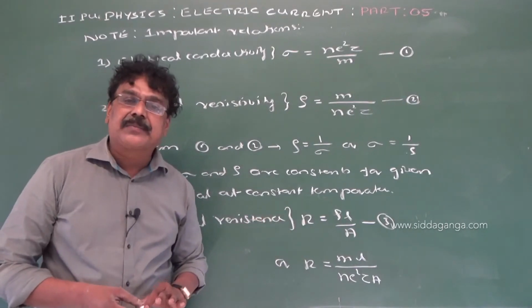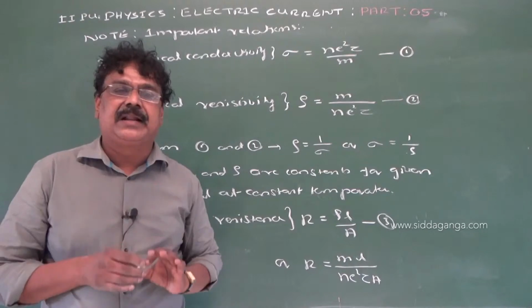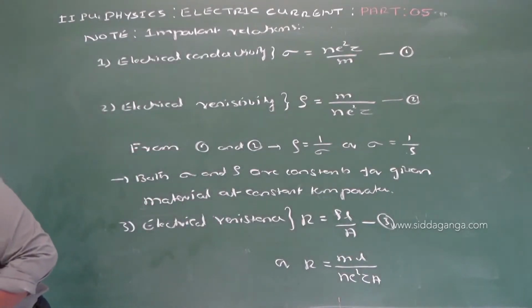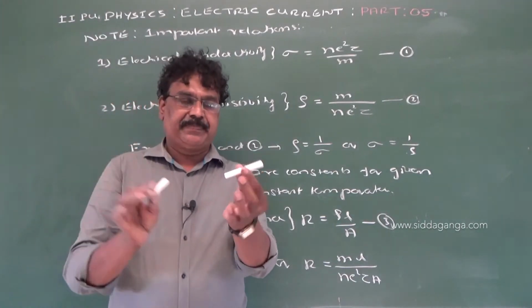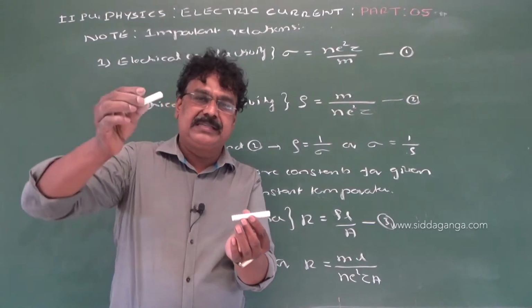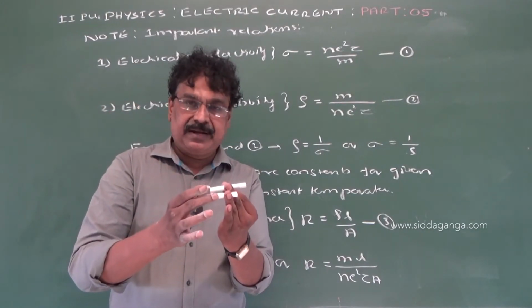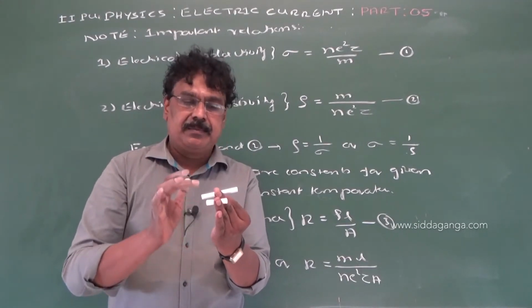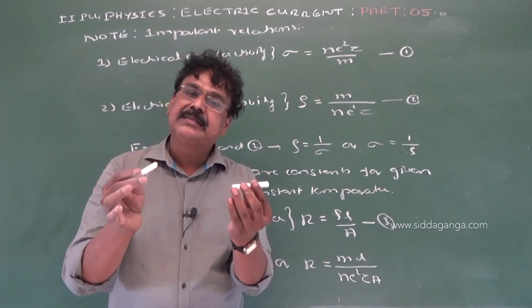Now this R is constant for a given conductor at a given temperature. Suppose I have two copper pieces, this is one copper piece, this is another copper piece. Resistivity and conductivity are the same for these two, because the material is the same, but electrical resistance is different.